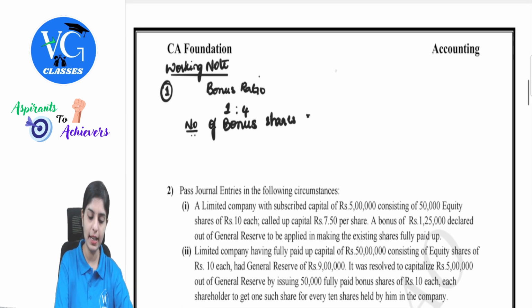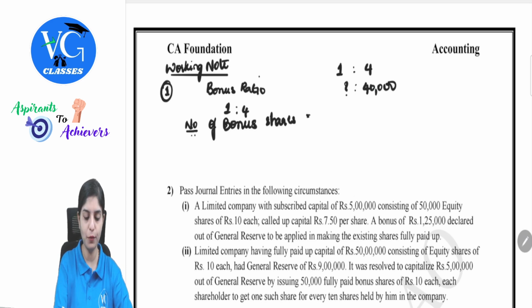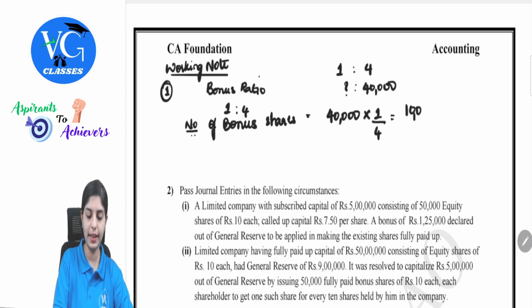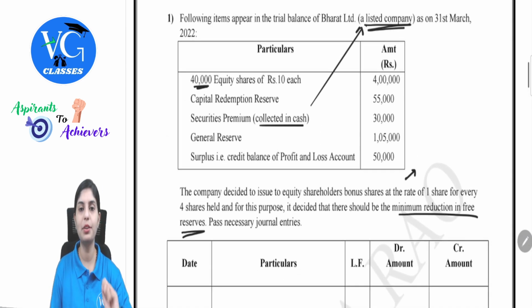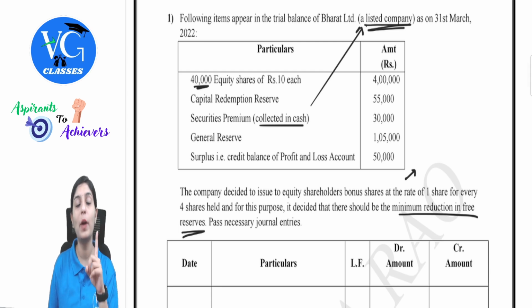Simple calculation, guys. They are telling I get 1 share for every 4 shares held, and I am holding 40,000 shares. So how will I find the bonus shares? 40,000 into 1 by 4 will be 10,000 shares. Multiplying this with the face value will give me the bonus shares capital. So 10,000 into 10 rupees. So the requirement here is 1 lakh, because based on that only I will find out what I should take from the reserves. Yes or no?